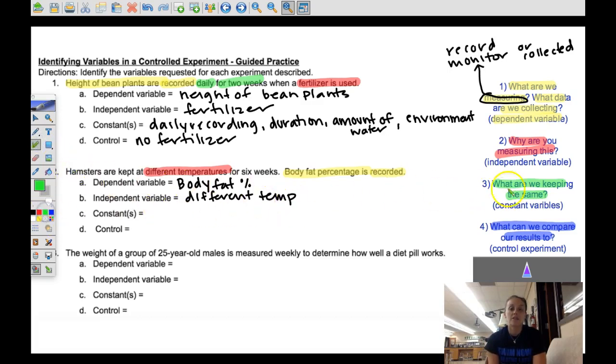The next question we ask ourselves is, what are we keeping the same? So I see that there are hamsters, and I see that there's a time duration. So I'm going to say the duration of the experiment, which is 6 weeks. We might want to have the same breed of hamster.